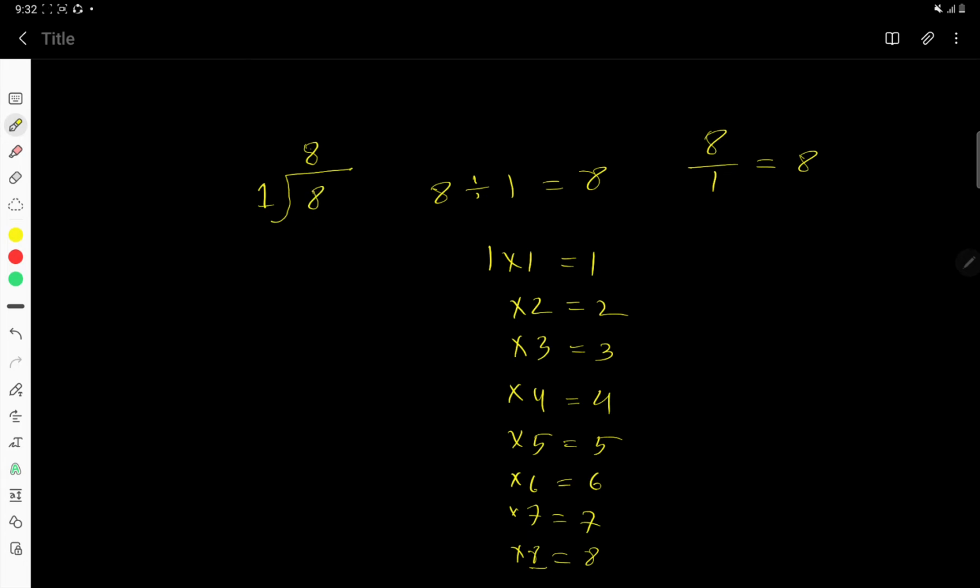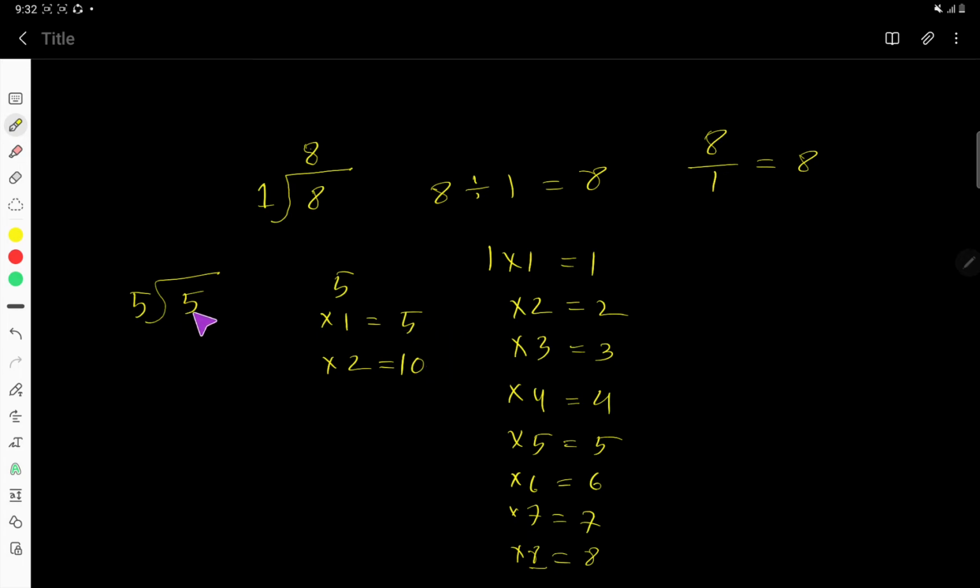Can you explain this? How to divide 5 by 5? Okay, so we need the multiplication table. Look, how many times does 5 go into 5? 5 times 1 gives us 5. 5 times 2 gives us 10, just add 5 with this 5, you are getting 10.